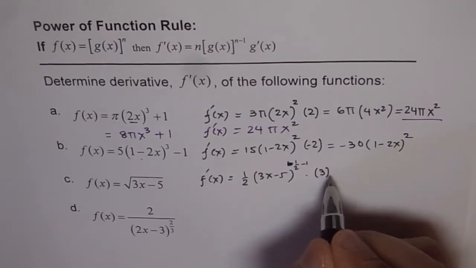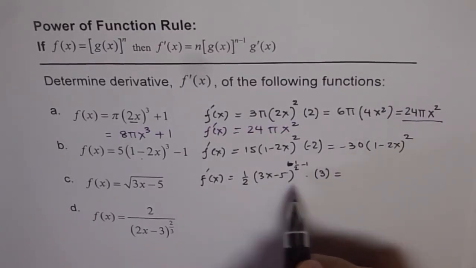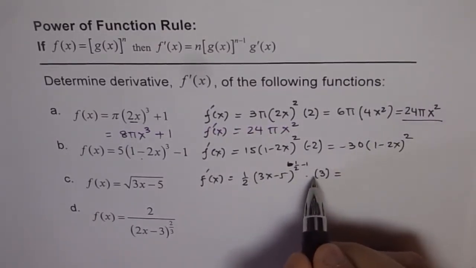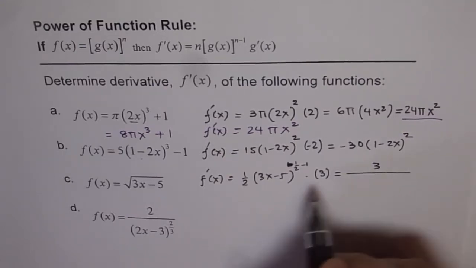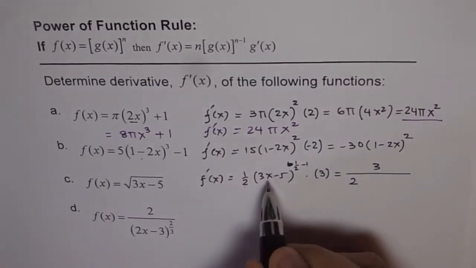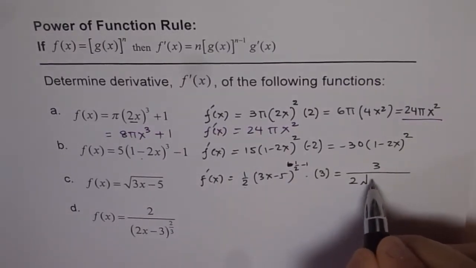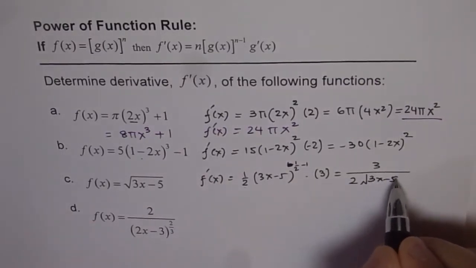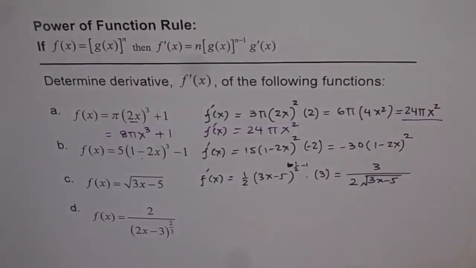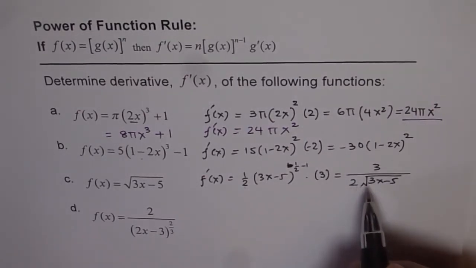So for this we get 3 in the numerator and 2 in the denominator, and half minus 1 is minus half, so we get the square root of 3x minus 5 in the denominator as our answer, correct? So that is the answer for that one.